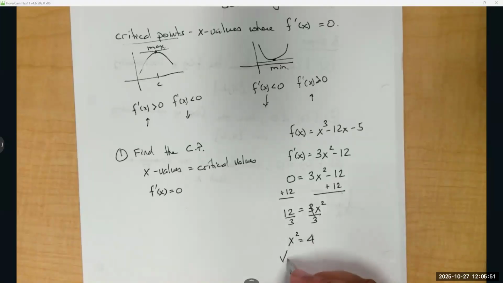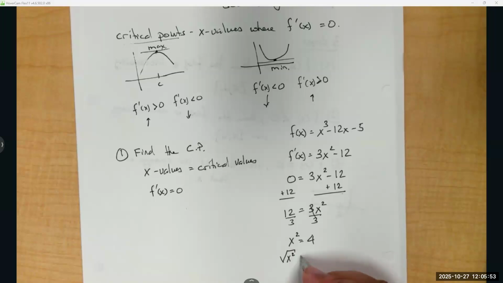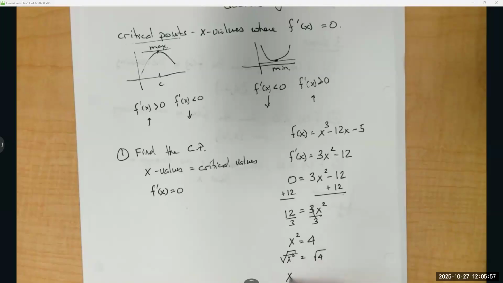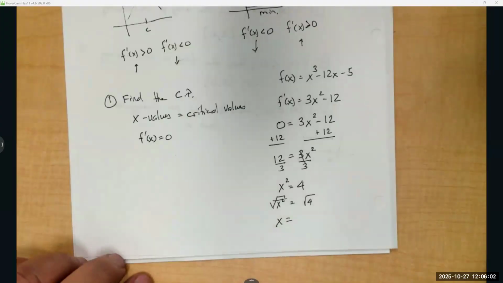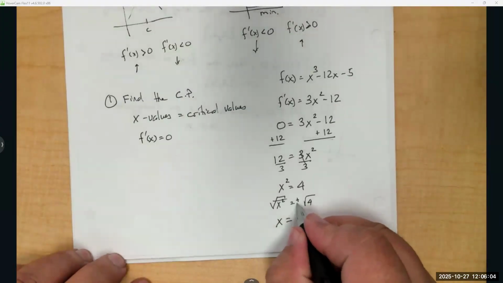Square root both sides. So x is equal to what? It's positive or negative. Very good.